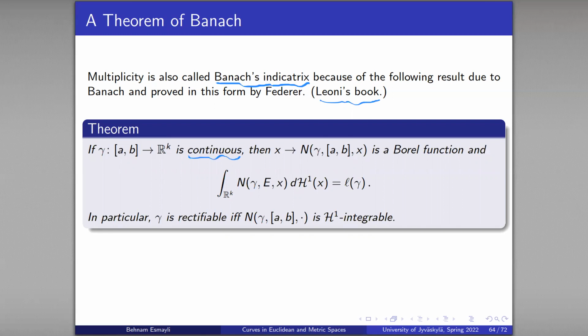Then this multiplicity function is a Borel function. Notice that this is a Borel function on R^k, not on the interval. So if you are merely continuous, then this function is Borel, so you can integrate it. And once you integrated it, it equals the length of gamma, with the possibility that this be some value equal to infinity.